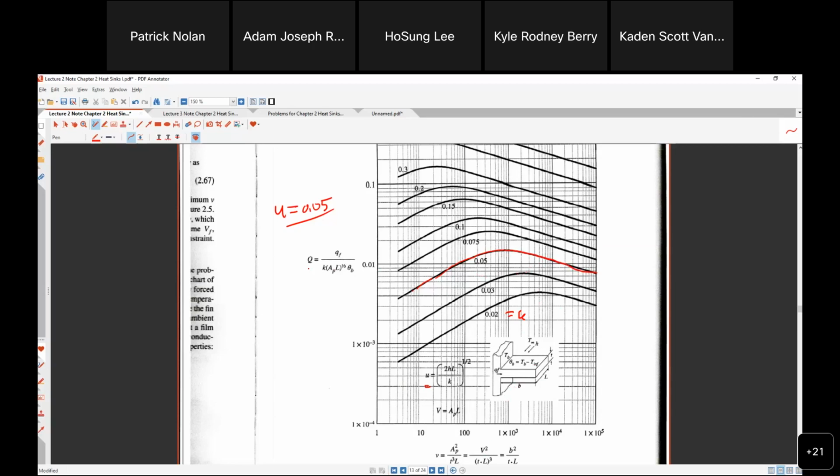So if Q is maximum, the actual Q must be maximum. So I'm looking at this, and approximately I can find small v. Once I have small v, I know the volume, then I can get the t. Look at that, I can get the t. So once I have t, well, the volume is what?